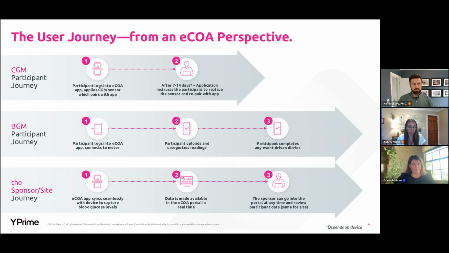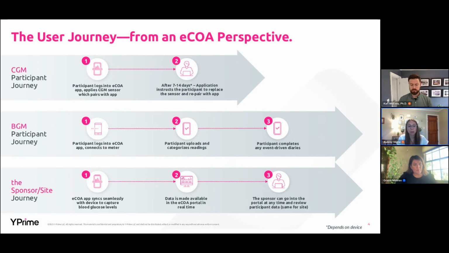Whether that's via reports or insights, they're logging in to view the data in real time, or as it's uploaded in the case of BGM, to make the necessary decisions.